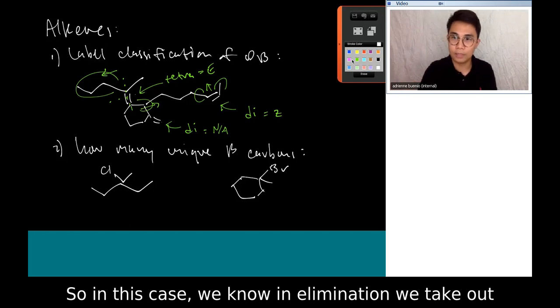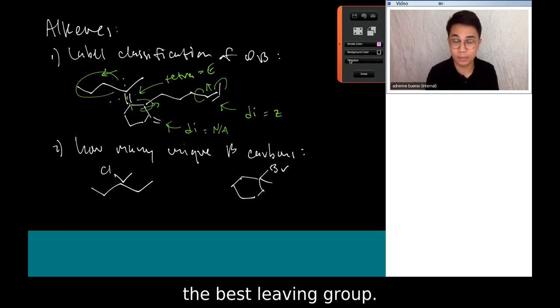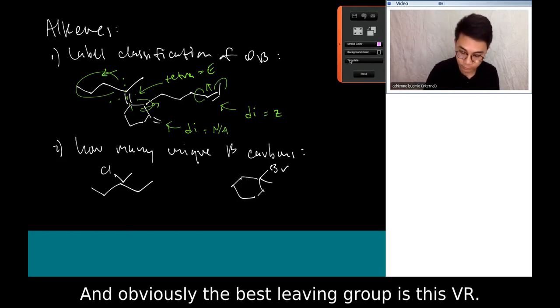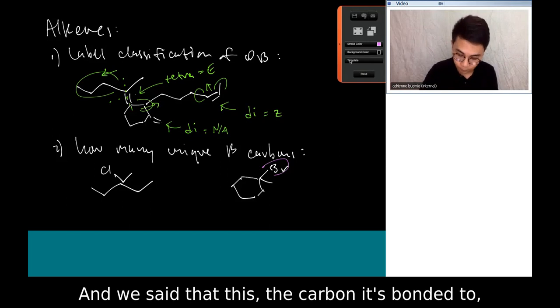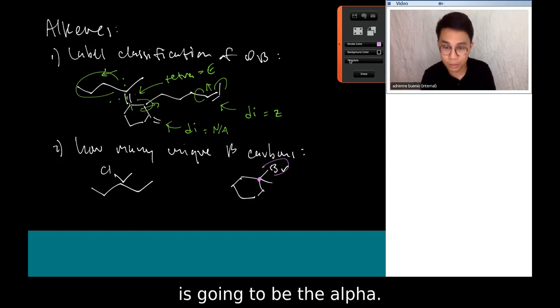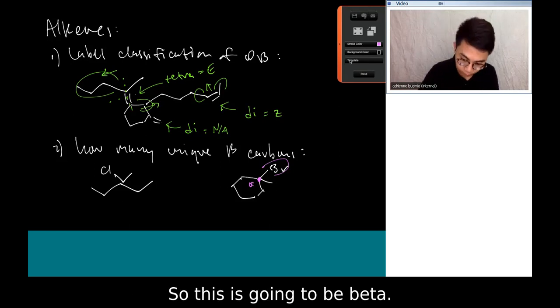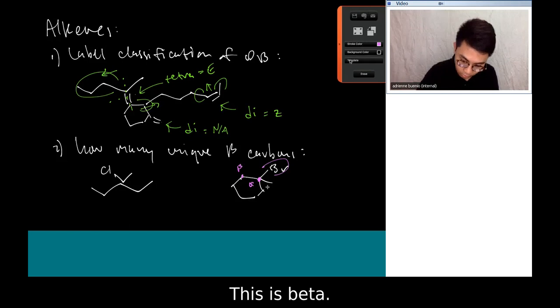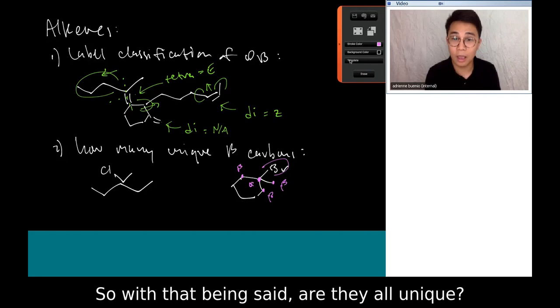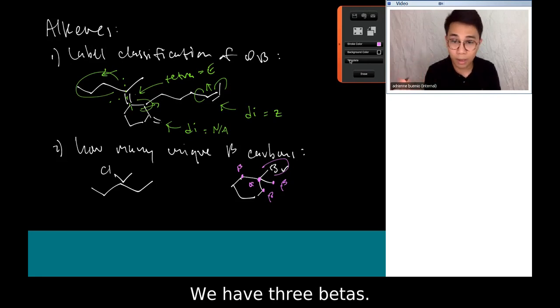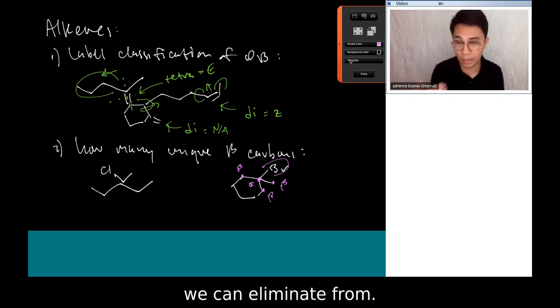So in this case, we know in elimination, we take out the best leaving group, right? Now, obviously, the best leaving group is this Br, and the carbon it's bonded to is going to be the alpha, and all the adjacent ones are beta, right? So this is beta, this is beta, this is beta. So with that being said, are they all unique? We have three betas, so that means we have three positions we can eliminate from, right?